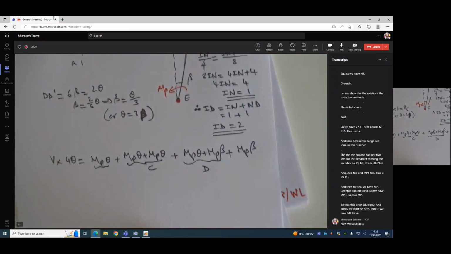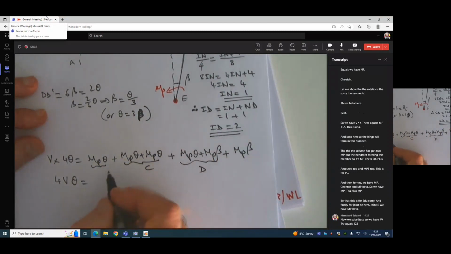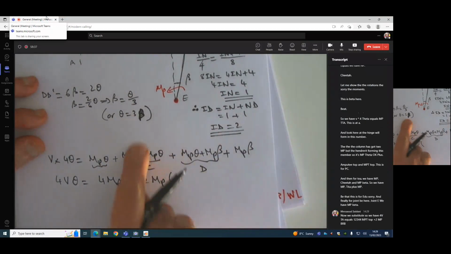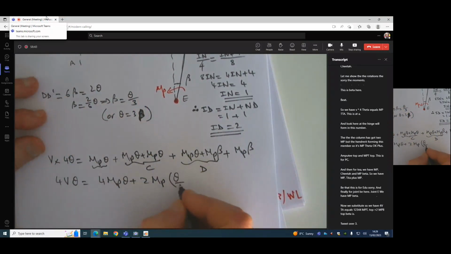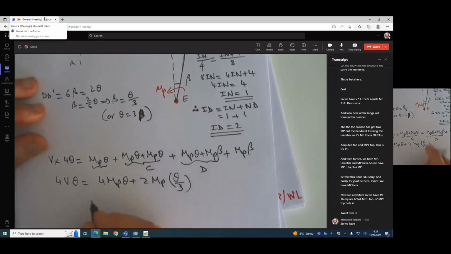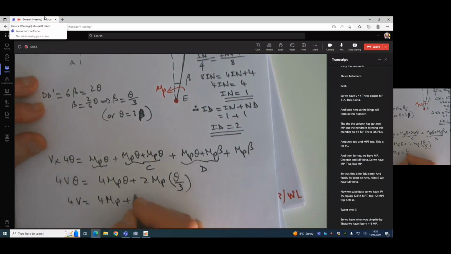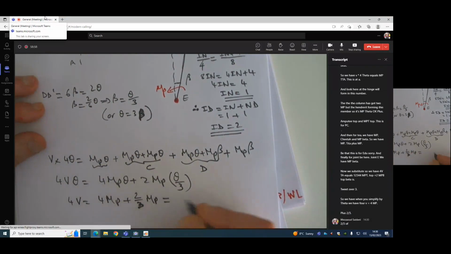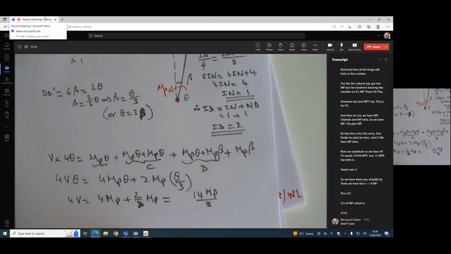Now we substitute. So we have 4V theta equals 4 MP theta plus 2 MP beta. Beta is theta over 3. So when you simplify by theta, we have 4V equals 4 MP plus 2/3 of MP, which is 14 MP over 3.